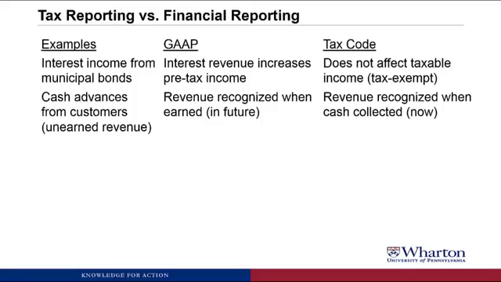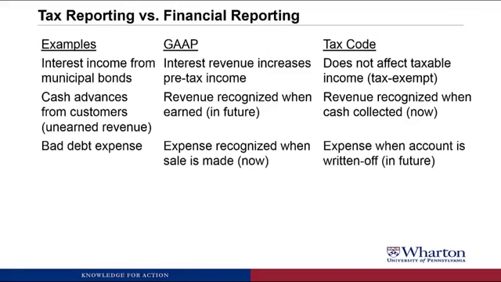So you get revenue today from the advance from customers, but you won't get revenue until the future on your financial statements, pre-tax income. Bad debt expense, as we saw earlier in the course, when you make a sale, you recognize bad debt expense during that period, an estimate of how many of those people won't pay you. But for the tax code, you don't get an expense until the accounts are actually written off sometime in the future, so it won't affect taxable income until down the road.